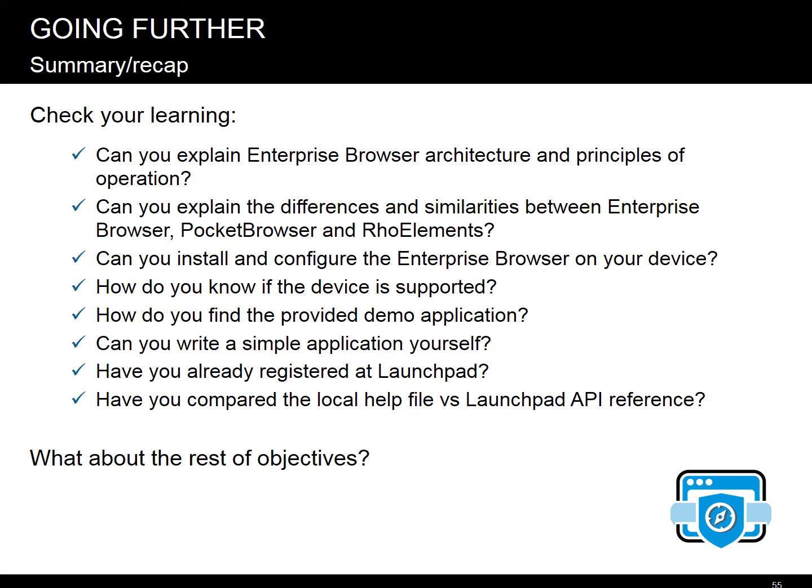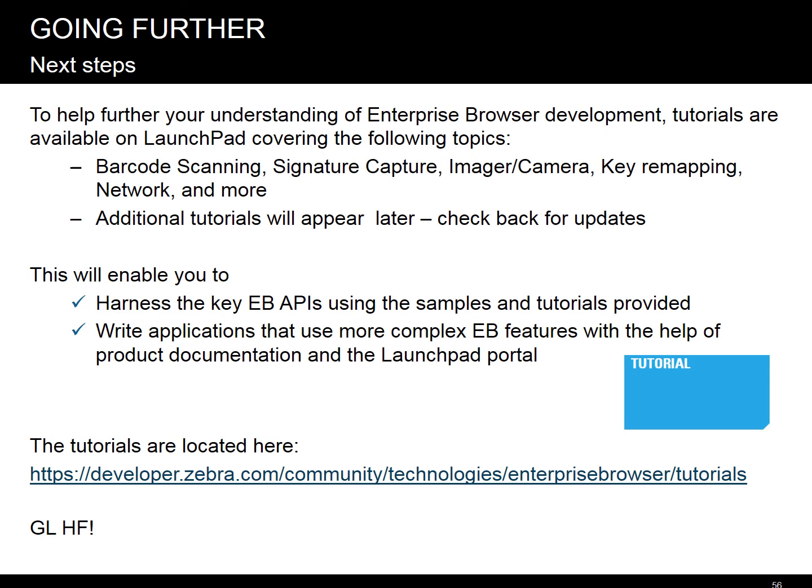Hold on a sec. What about the rest of objectives? What about learning scanning and other APIs? For this, we've created a number of additional tutorials on Launchpad. Now you are competent enough to tackle them at your own pace. This is it. Good luck and have fun.